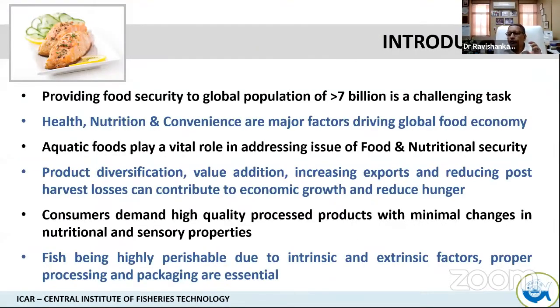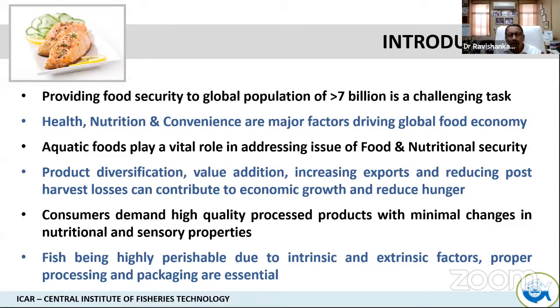See, when we are talking of an exploding population, more than 7 billion, we are talking of addressing food security and nutritional security. When we talk of this, we see so much malnutrition, undernutrition. So what happens? Health, nutrition, and convenience are the major factors.